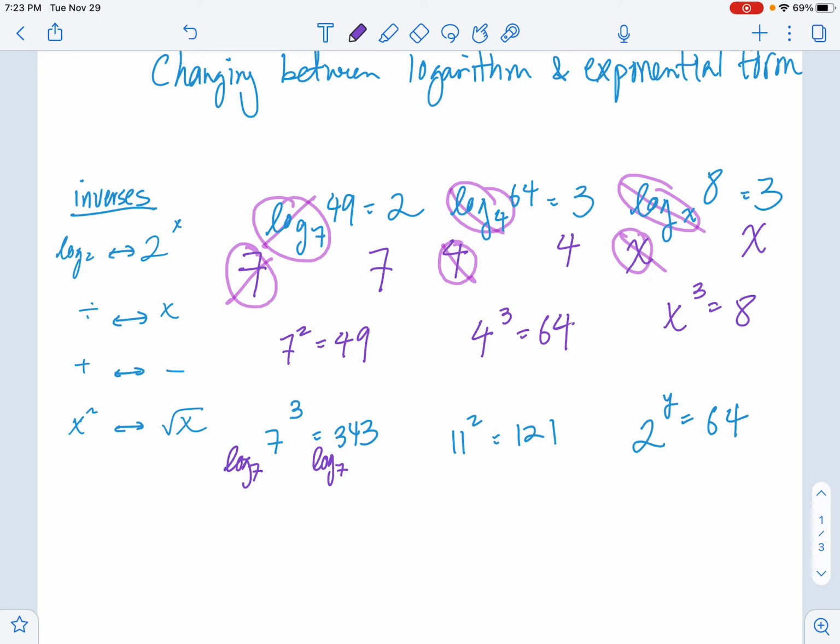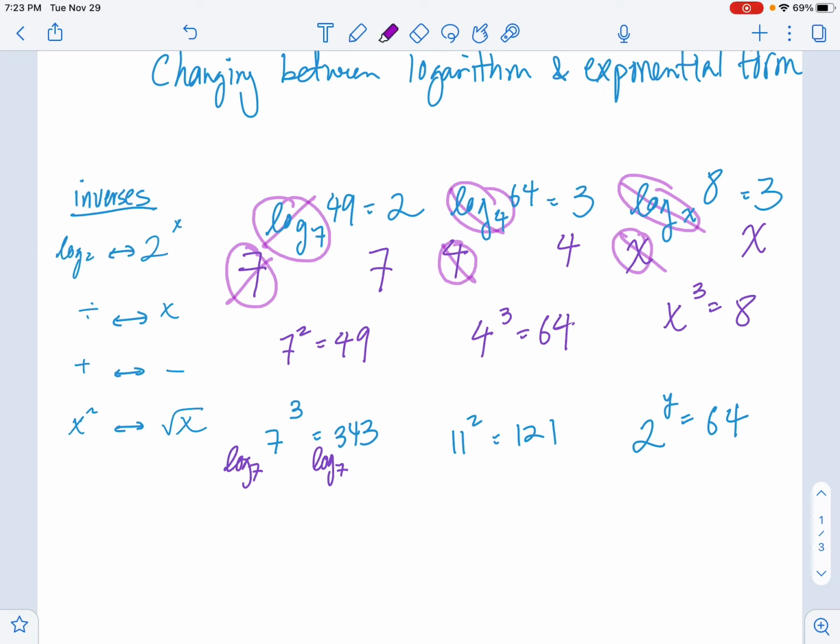Now, if you're not familiar, the little 7 in the log does not multiply with the 343. It's just a small symbol that tells you we're using a base of 7. So we're not multiplying by 343 here.